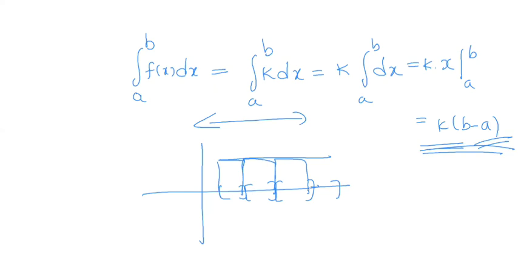In case of lower Riemann sums, what is it? It is small m1 into delta x1 plus small m2 into delta x2, and so on. So what is small m1? It is the minimum value of f of x in this interval. As the function is constant, the minimum value is this one. So this will give you the first term, second term, third term, like this.